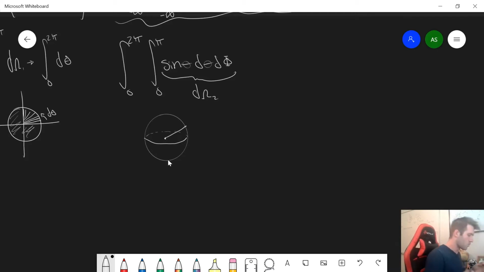And what we're integrating over is the surface area. So we are taking little infinitesimal chunks, little slices that span across the totality of this surface, which is essentially just our surface area.